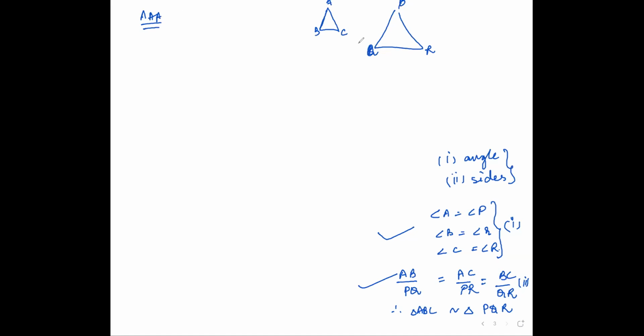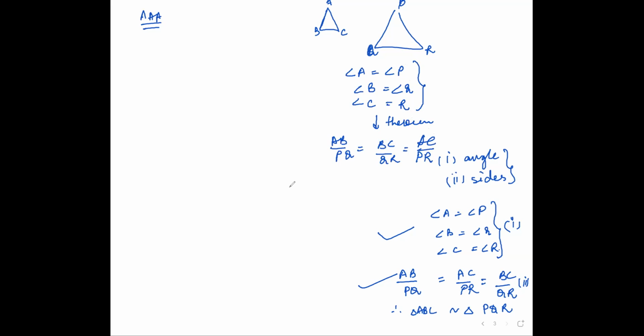So the theorem says that if all the corresponding angles are equal, I mean, angle A is equal to angle P, angle B is equal to angle Q, and angle C is equal to angle R, then the sides are in proportion. I mean, always they will come out to be in proportion.